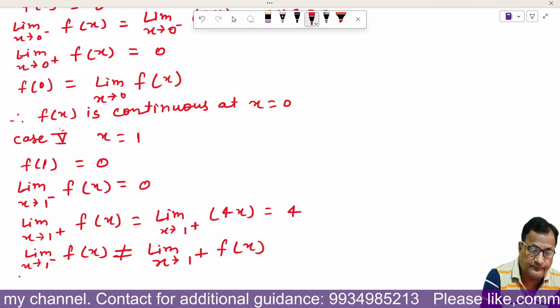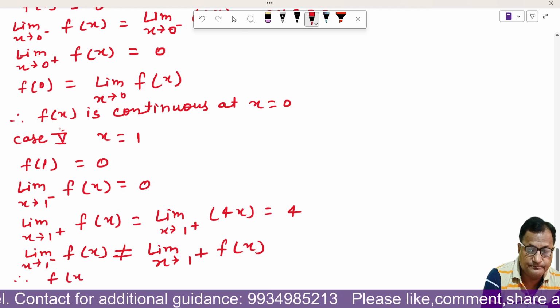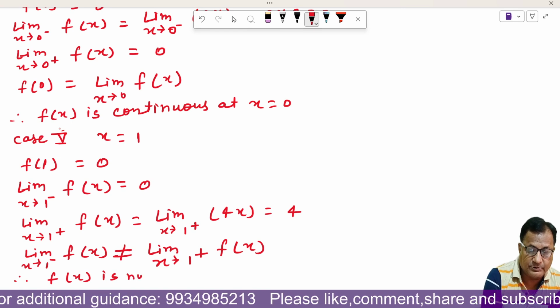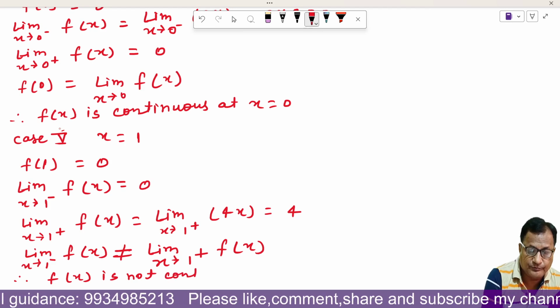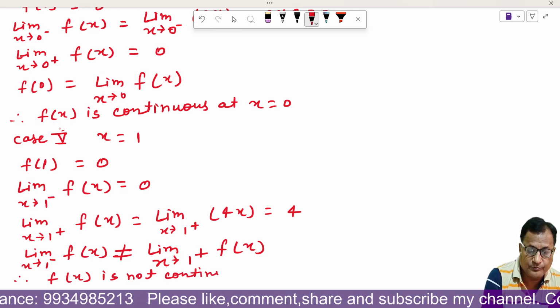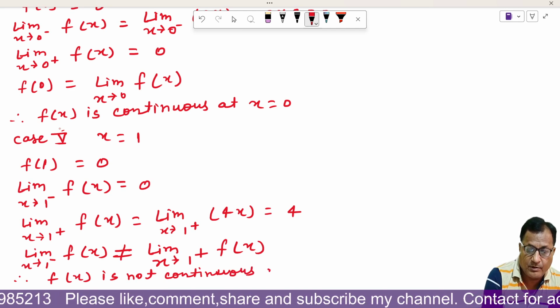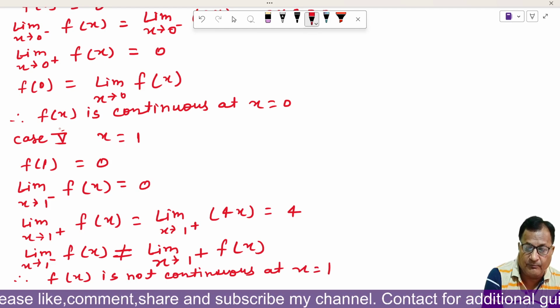So therefore f(x) is not continuous at x equal to 1.